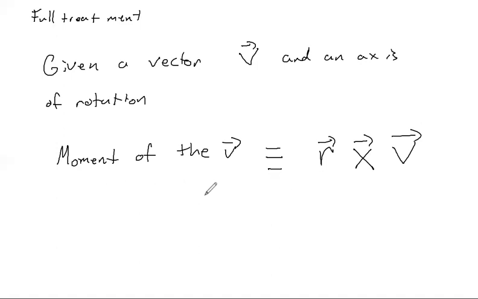And you could do this with any vector field. For example, it turns out that V tangent to a circle is R cross omega, where omega points in the z direction.